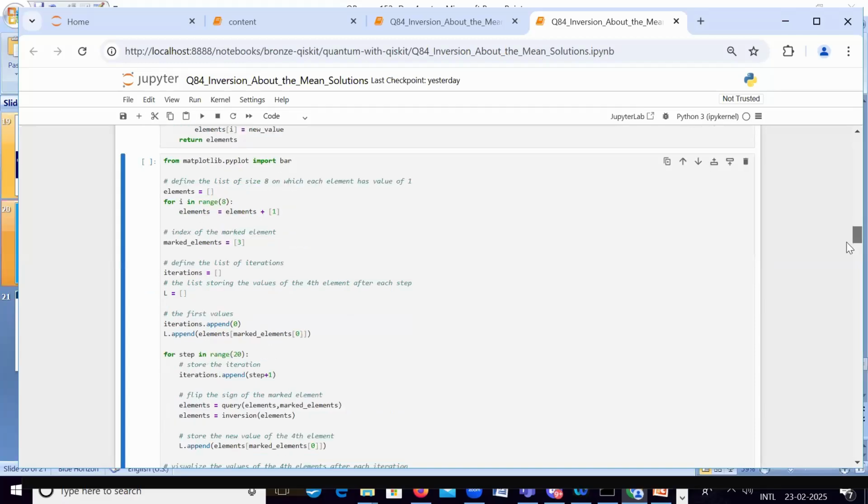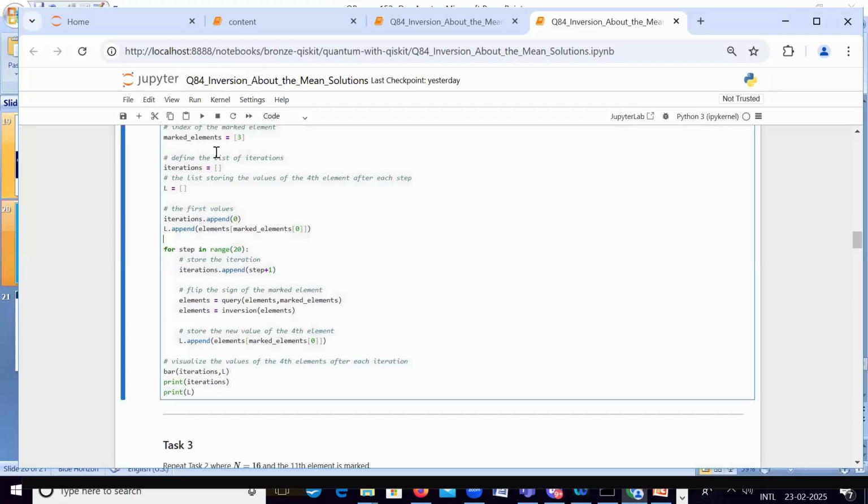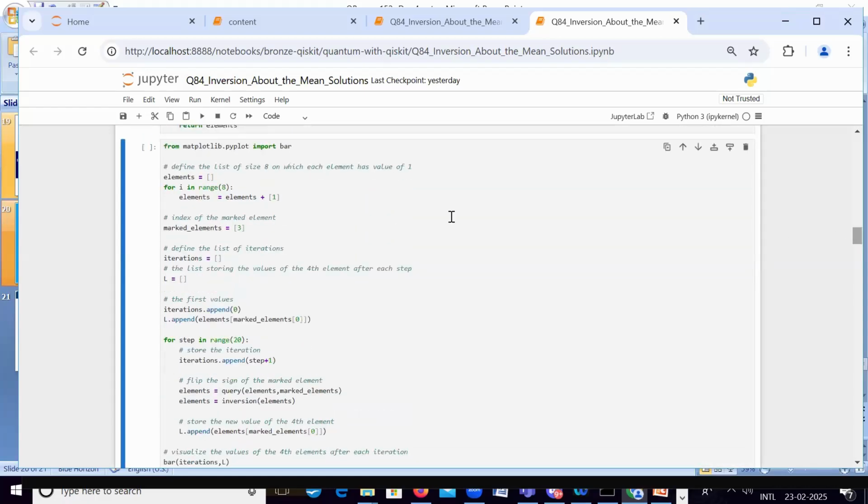Now next is plotting that one using this function. So in this function or this code, the n elements is sent there, and the mark element is being represented here, this 3, and then it is expecting the result, the iteration with this function.